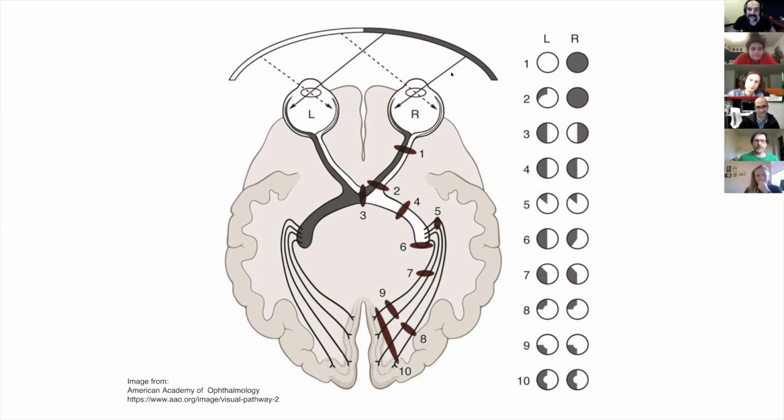What is that seeing? That part of the world. From this eye, what was crossing? This was crossing. What is that seeing? That part of the world. So look at option 3: in both eyes, the lateral part of the visual field is gone.